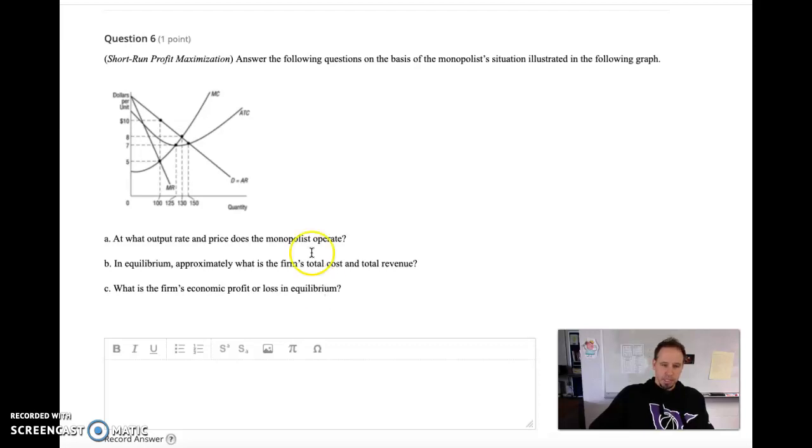So the key to remember here is equilibrium is where the supply curve and the demand curve intersect.